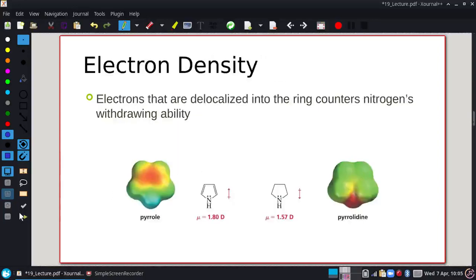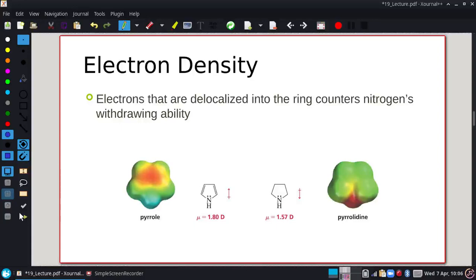Okay, we can look at the two things that are going to be happening from the electrons that are drastically going to affect physical properties. The big difference is the electrons being pulled into the ring are creating a more nucleophilic ring.